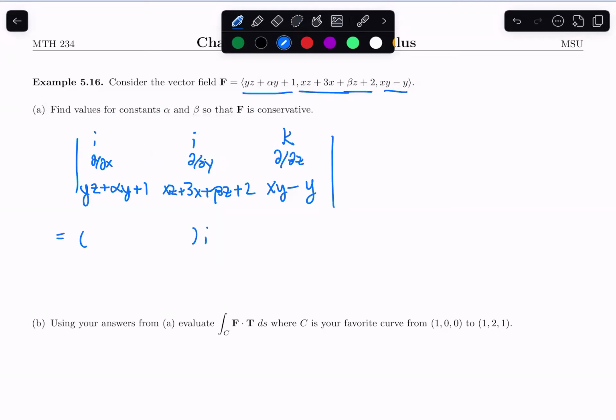Stuff with i's minus stuff with j's plus stuff with k's.